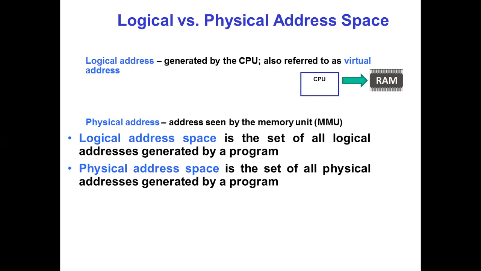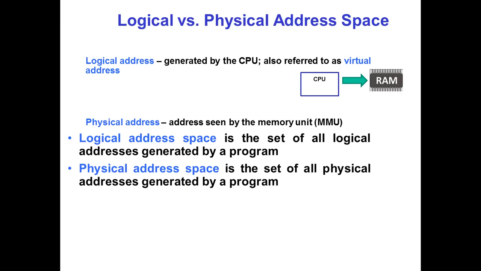Okay, so that is called the logical address. It is also referred to as the virtual address. So it is generated by the central processing unit, then it is called the logical address, and sometimes it is also called the virtual address.